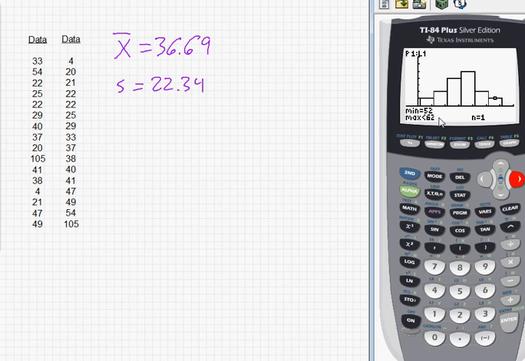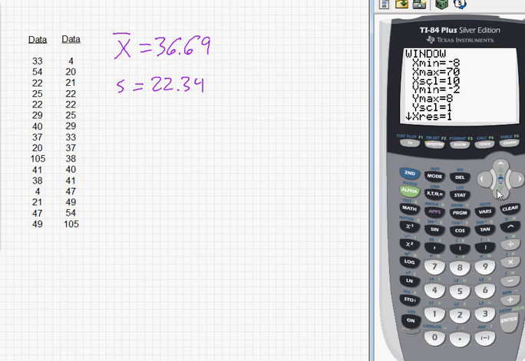We're not seeing all of the data because we know from over here that there's a 105. So we can come back into here, and let's make this go up to 115. Yep, and there we can see there's this lone data point that seems quite removed from the rest of the data.